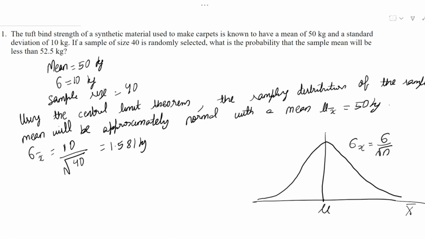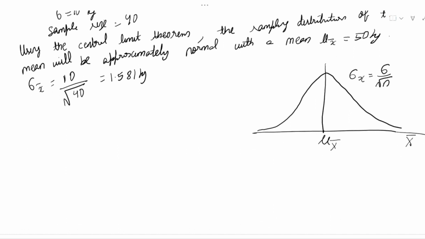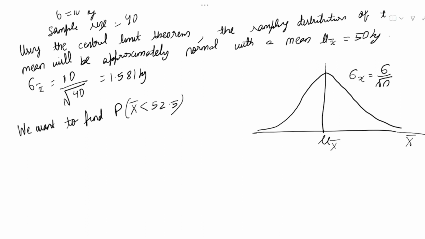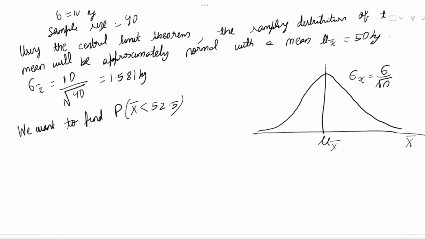This is the mean. We want to find P of x bar less than 52.5, that is, the probability that the sample mean will be less than 52.5.